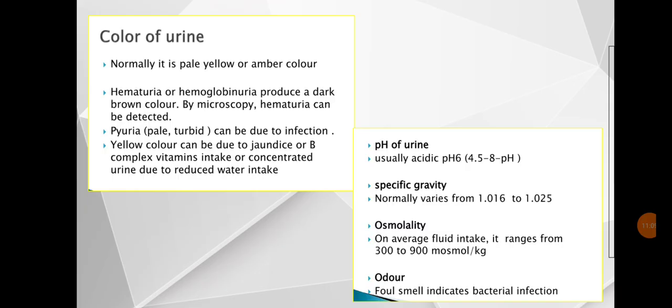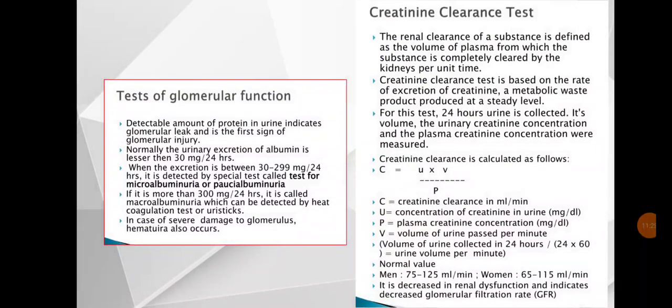Then specific gravity varies from 1.016 to 1.025. Then the odor, the smell: if someone's urine has a foul smell, meaning a bad, unbearable smell, they may be infected with some bacterial infection.